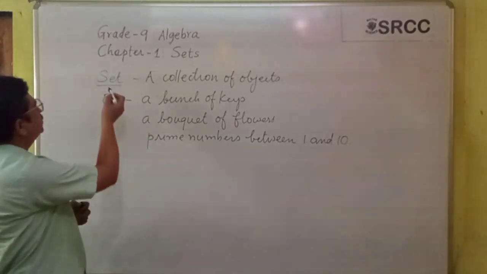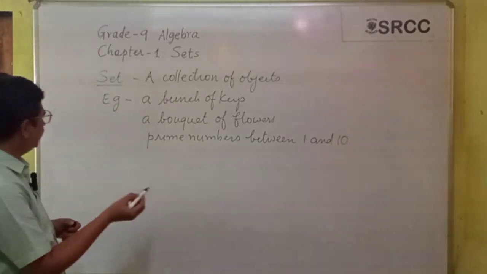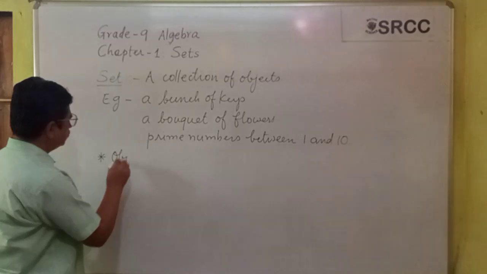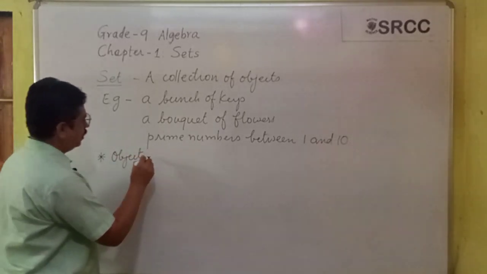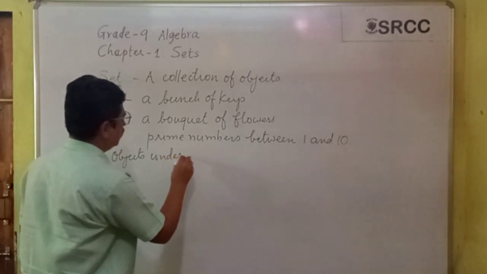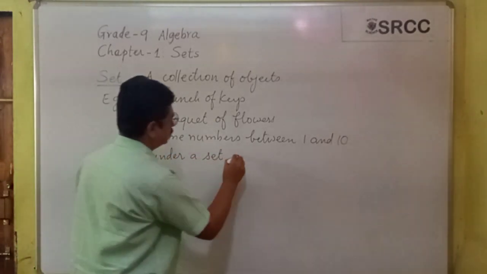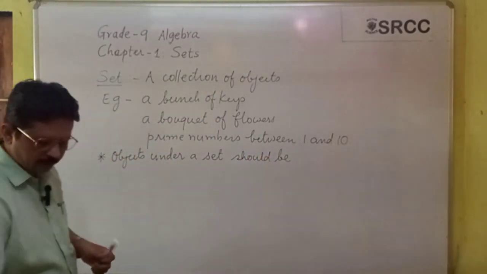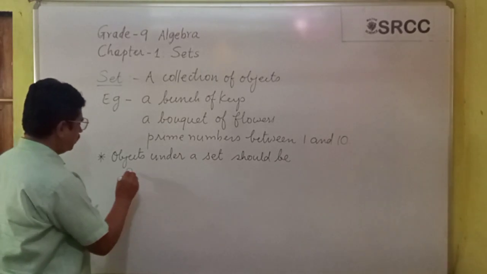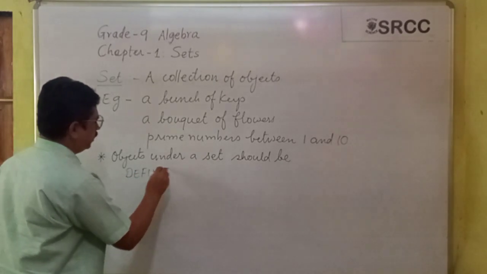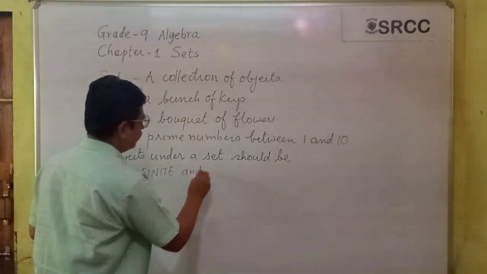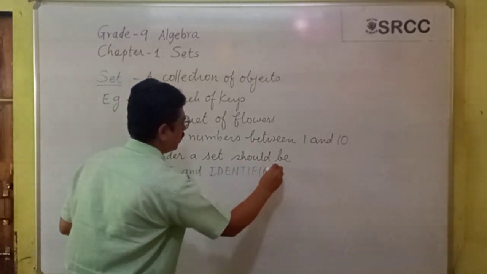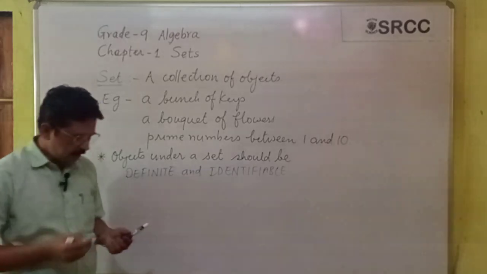When we say a set is a collection of objects, we have to understand one important aspect, that the objects under a set should be definite and identifiable.